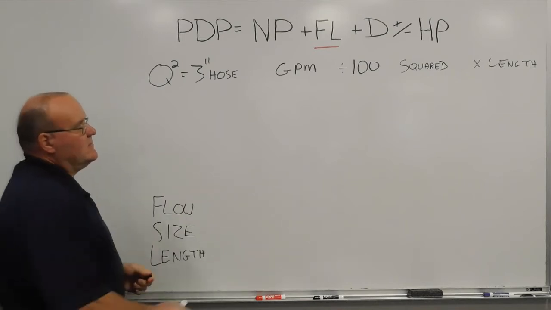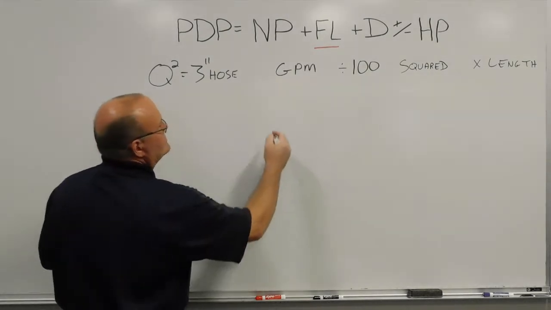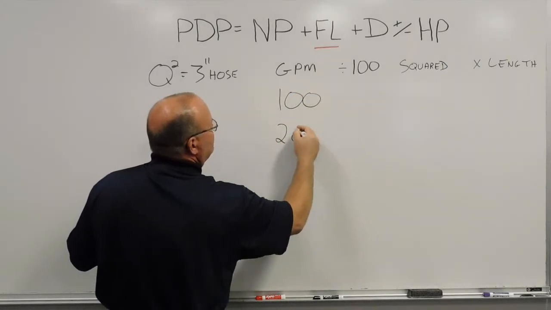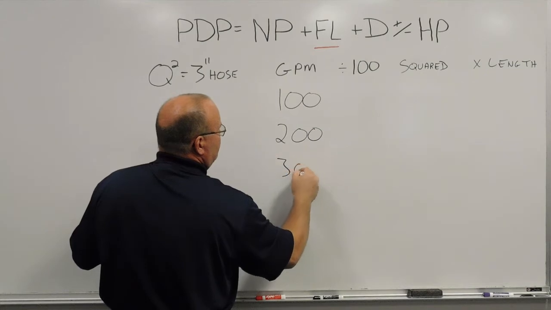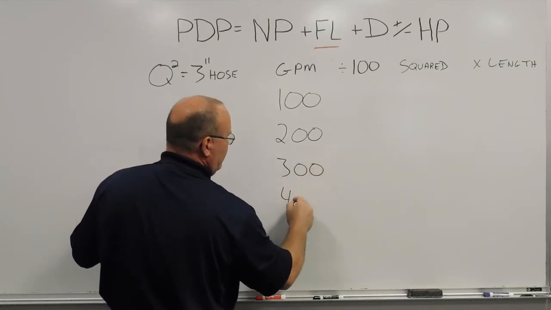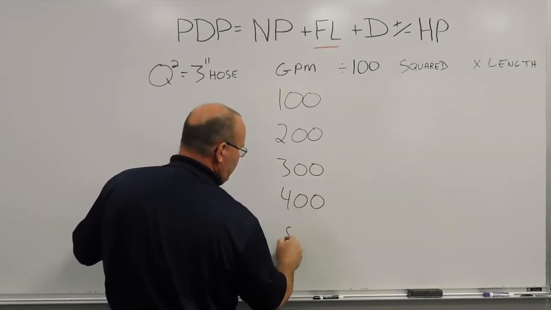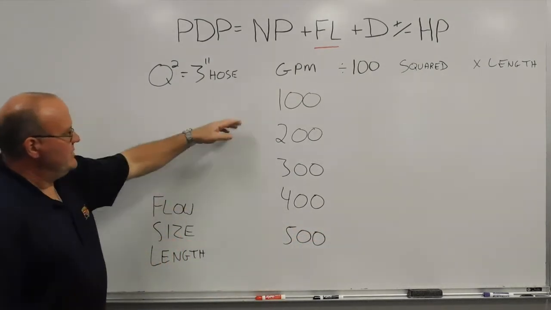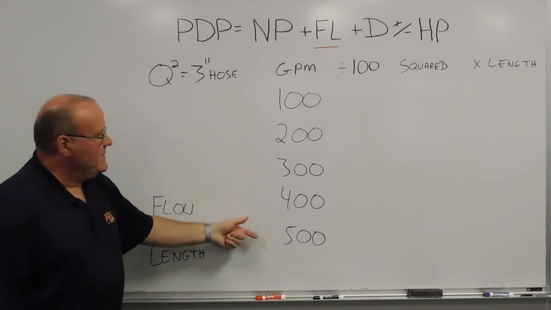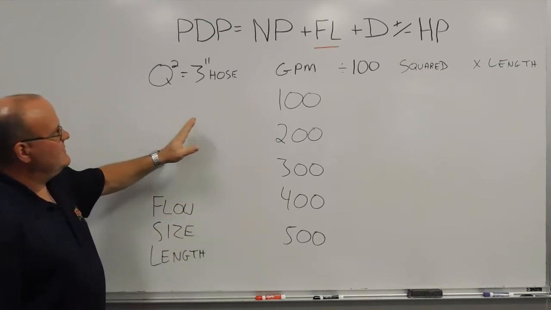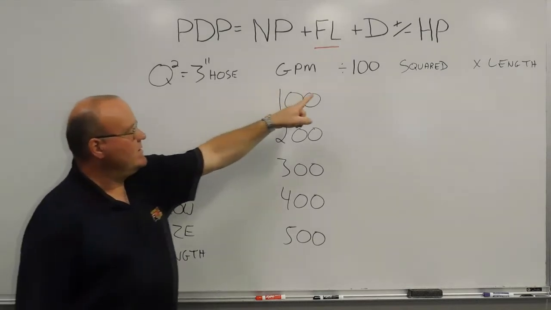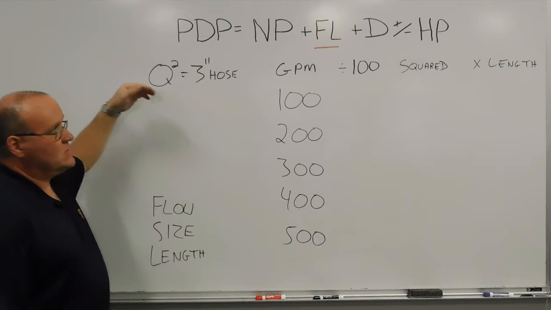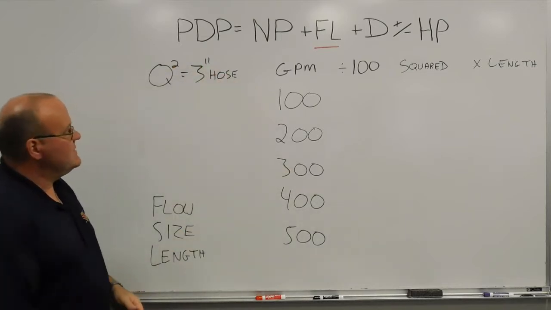Right under gallons per minute, I'm going to start with 100, 200, 300, 400, and 500 gallons per minute. Those are the flows we're talking about. Then we take that number and divide it by 100. Q squared is basically the gallons per minute squared after it's been divided by 100.